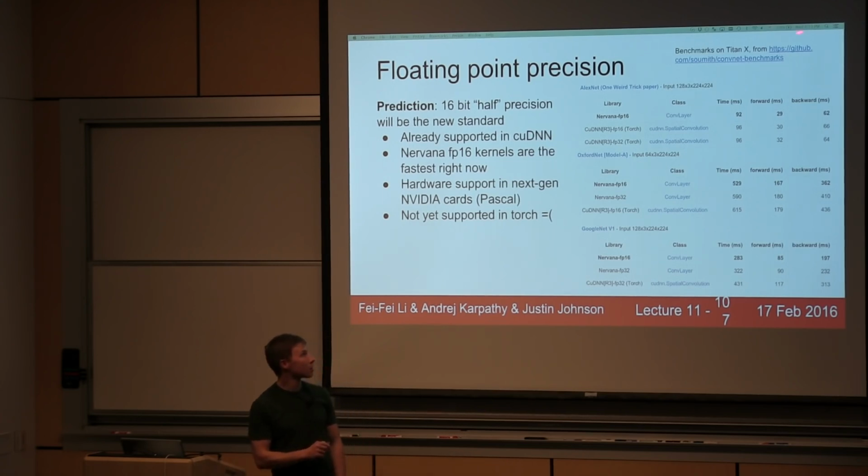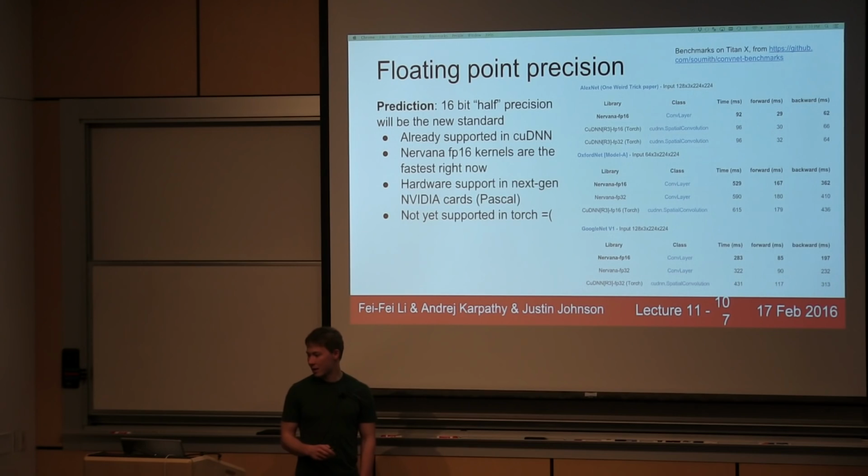There's a nice GitHub repo that has ConvNet benchmarks for different types of convolutions and frameworks, and pretty much everything winning all of these benchmarks right now is these 16-bit floating point operations from Nervana, which is not surprising, because with fewer bits it's faster to compute. Right now there's not yet framework support in things like Caffe or Torch for utilizing this 16-bit computation, but it should be coming very soon.